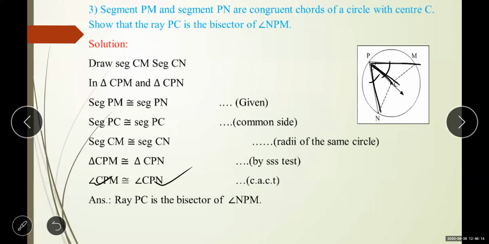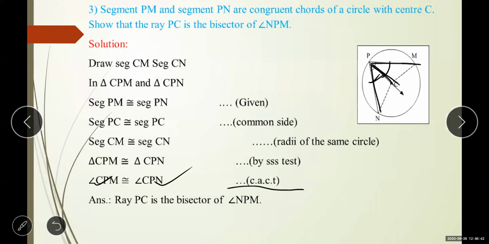Why are they congruent? They are corresponding angles of congruent triangles. As they are congruent, their measures are equal. Just like after segments are congruent their lengths are the same, after angles are congruent their measures, meaning degrees, are equal.